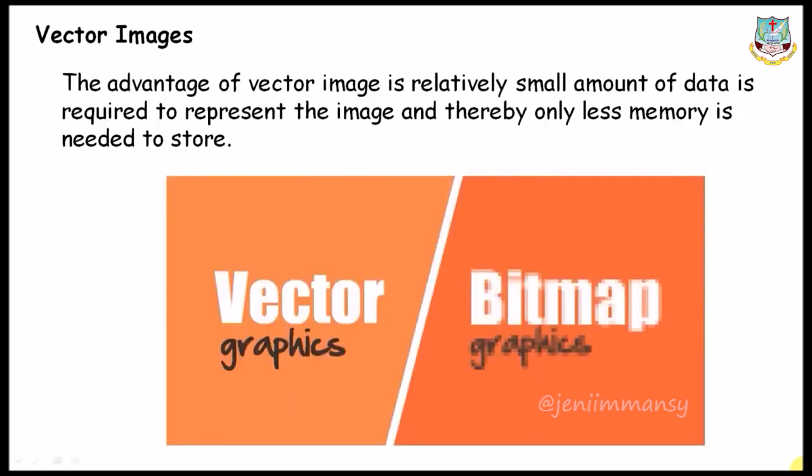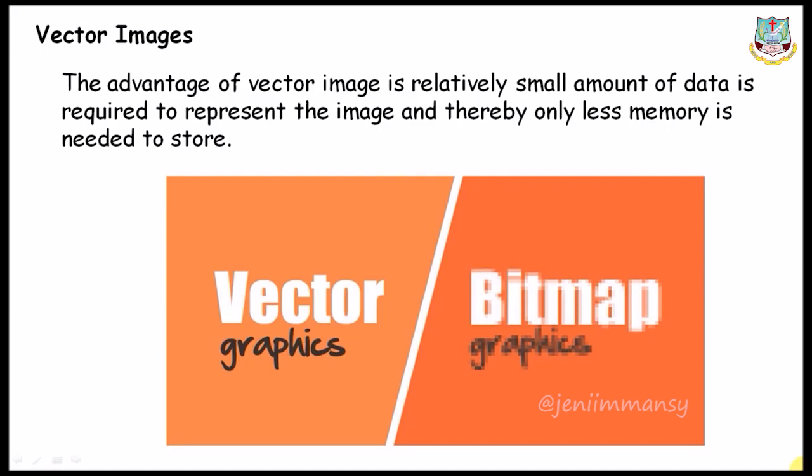Even if we enlarge them, we'll have the same clarity as in the smaller picture. But at the same time, when we zoom a bitmap image, the clarity is lost. We will see only the pixels there. This is the difference between vector and bitmap images.